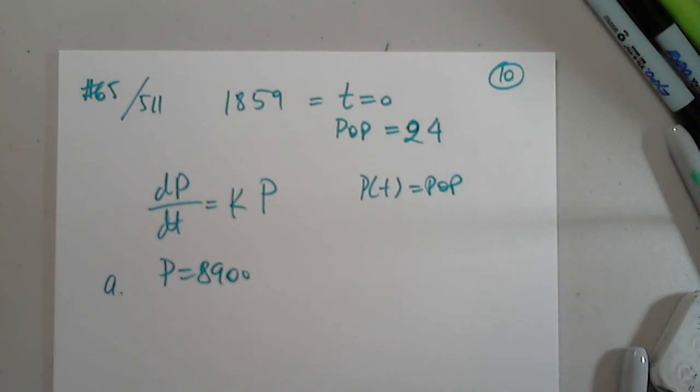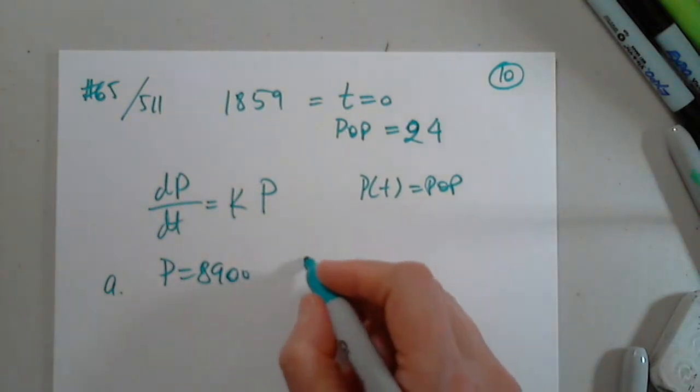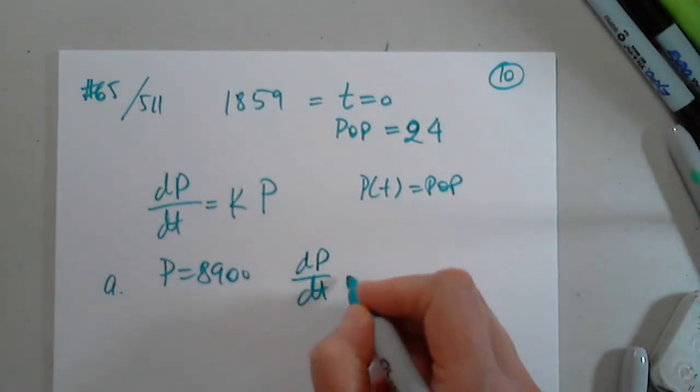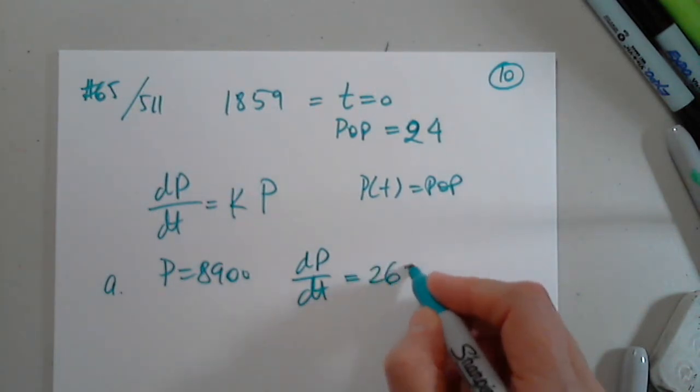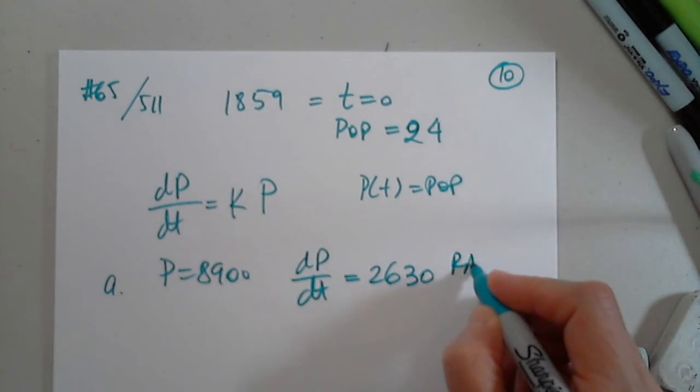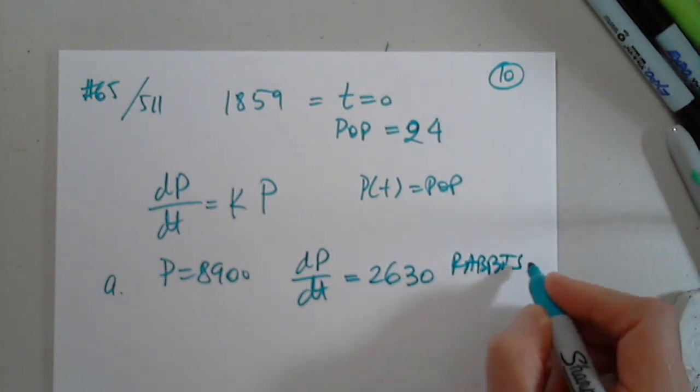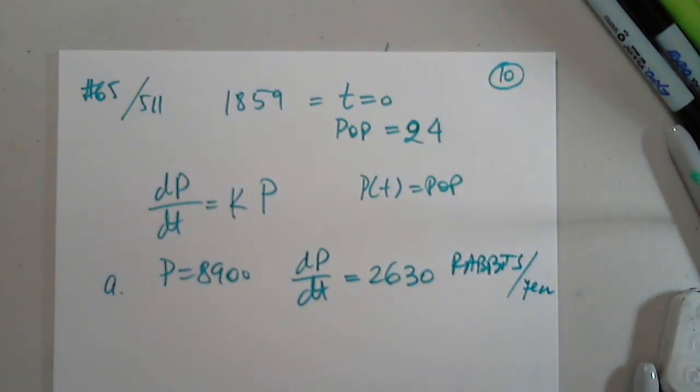okay, its rate of growth was about, okay, dp over dt is 2,630 rabbits per year. Okay, use this information to find k, and then find a particular solution of the differential equation. Fine, okay.